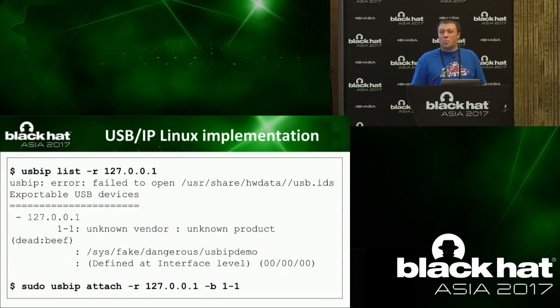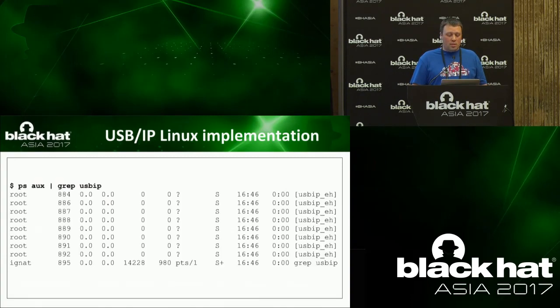Here I got interested that on the server side, we have this daemon which runs in the background, but on the client side we have only the USBIP client utility, and when you import a device, it immediately exits. So I was wondering, how does it work internally? Does it fork itself or something? And I started to search for this user space process which talks to the kernel and injects low-level USB data.